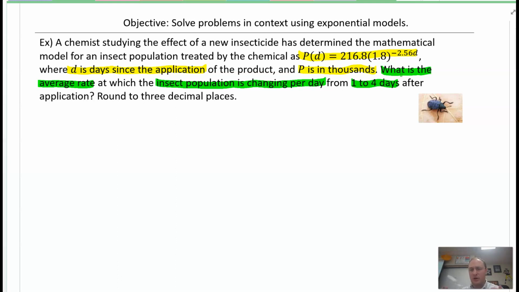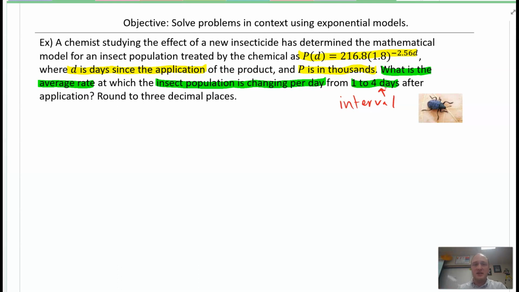Okay. So they want to know what's average rate of change. Well, average rate of change, I need 2 points. Now, they do give us an interval, from 1 to 4. So there's your x1, x2. But more importantly, I don't have any y values. I don't have any outputs.